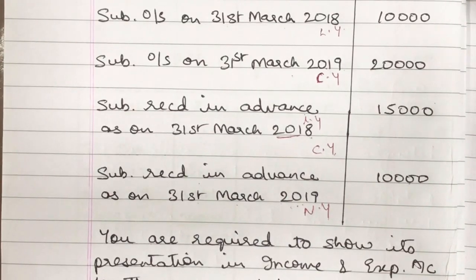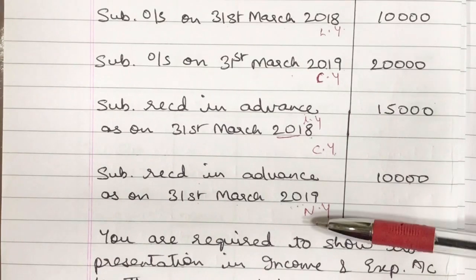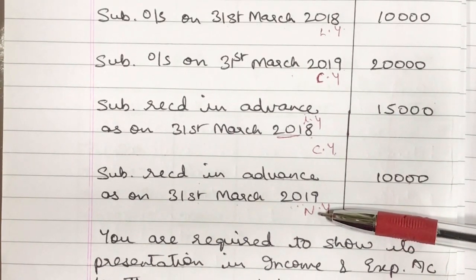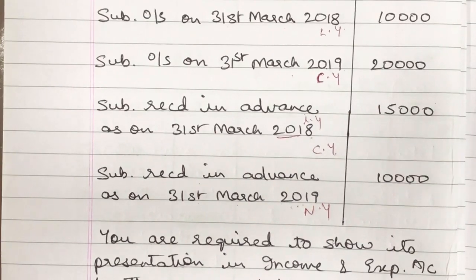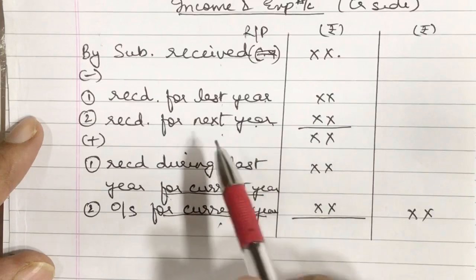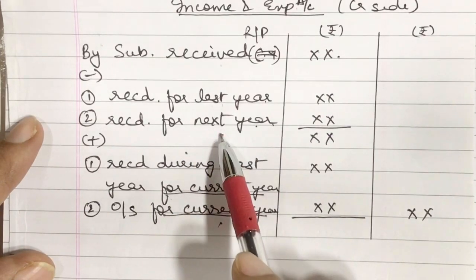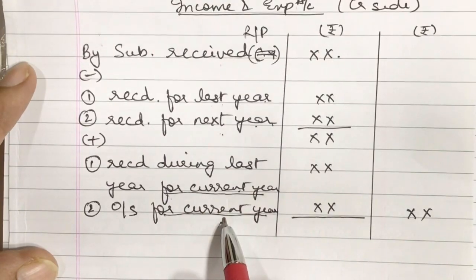Now we know next year and last year. What do we do? Last year, next year we deduct. And what do we add? Current year we add. We saw this in the formula here. Last year and next year you have to deduct, and current year you have to add.